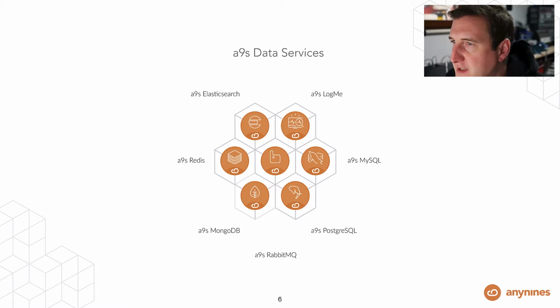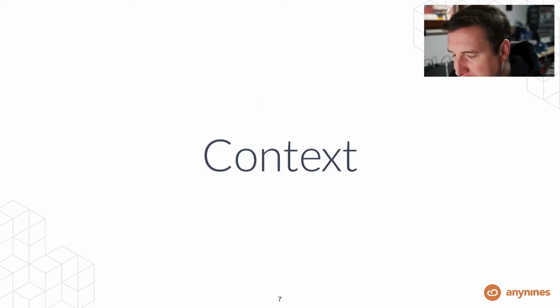These anynines data services cover the full life cycle of all those data services. And by automating the life cycle of that many data services, it is quite natural to confront all those obstacles in automation, as well as those integration challenges we are talking about today.